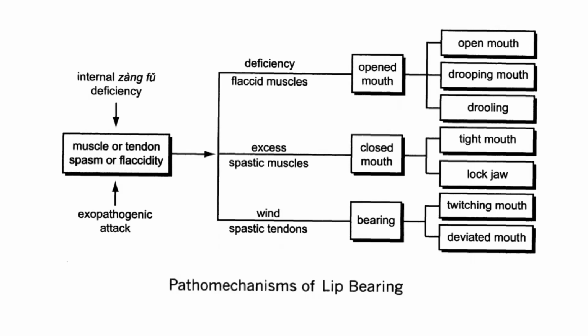So this is a closed mouth. In closed mouth, we have tight mouth and locked jaw. Another condition is wind. This will manifest with spastic tendons. So in bearing, we have twitching mouth and deviated mouth.